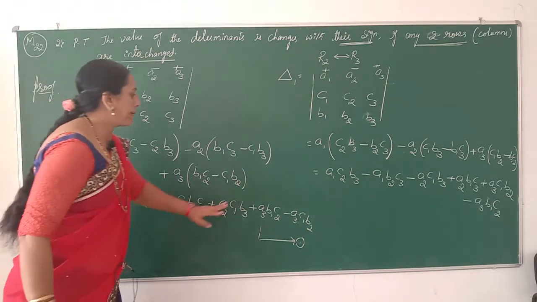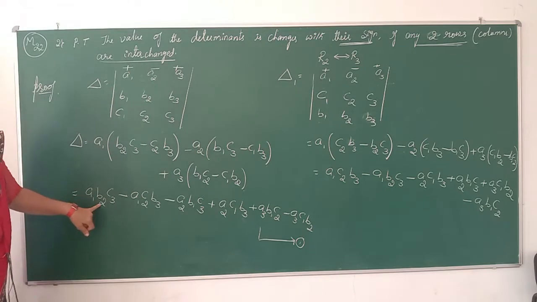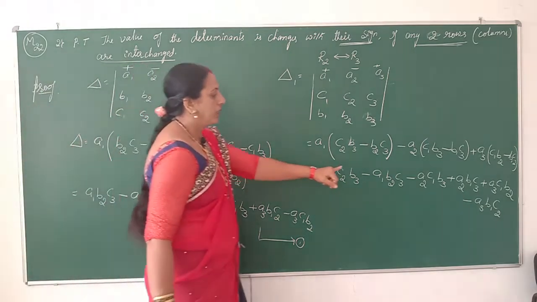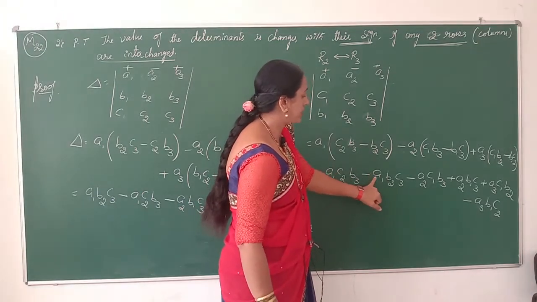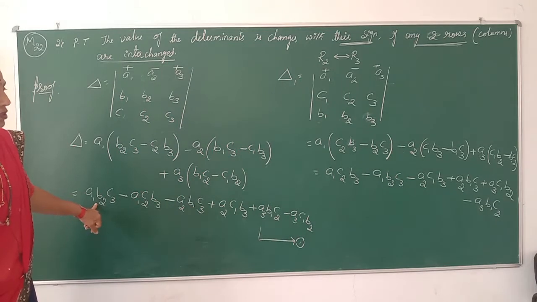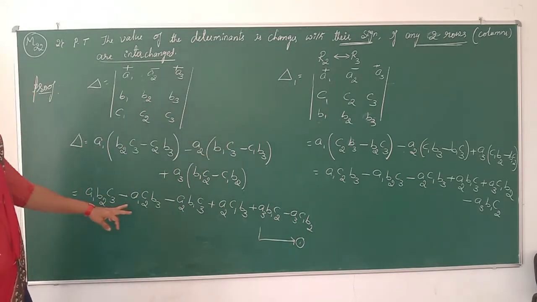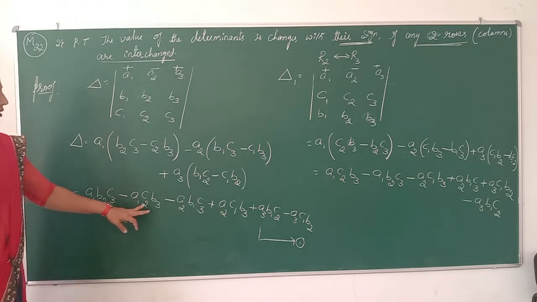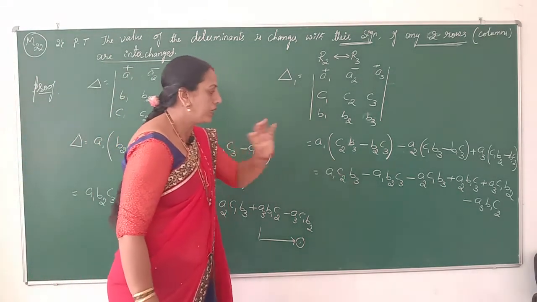Now first we'll compare these two equations. The first element is A1 B2 C3, that is the second element of that expansion, so with a negative sign, minus A1 B2 C3. But in equation 1 it is positive, whereas in the expansion of delta 1 it is negative. Similarly, minus A1 C2 B3 is nothing but positive A1 C2 B3.